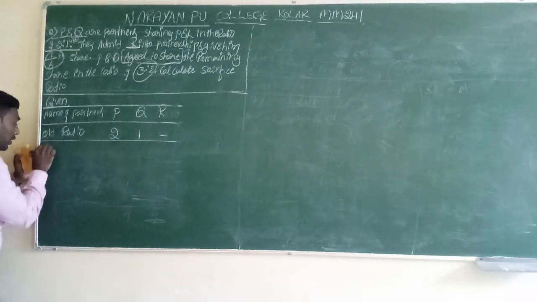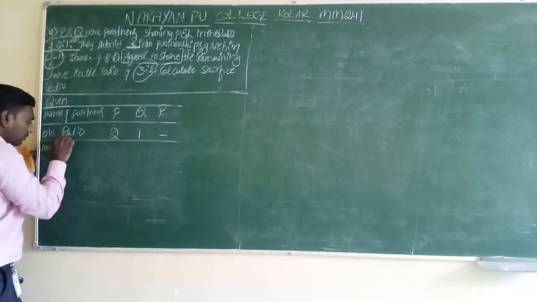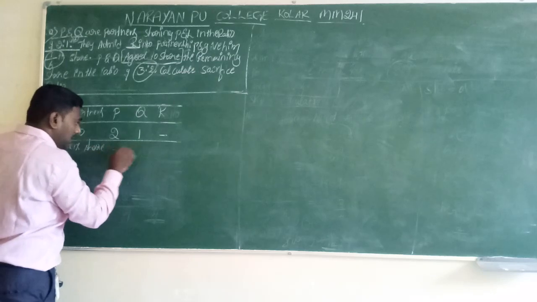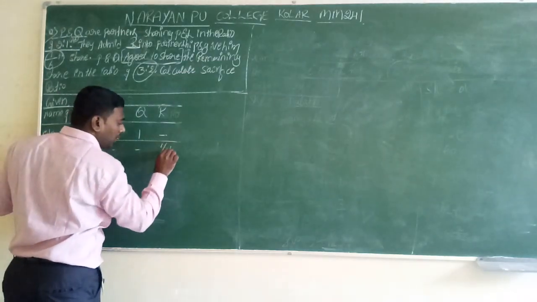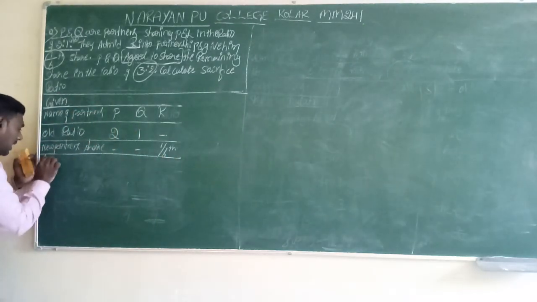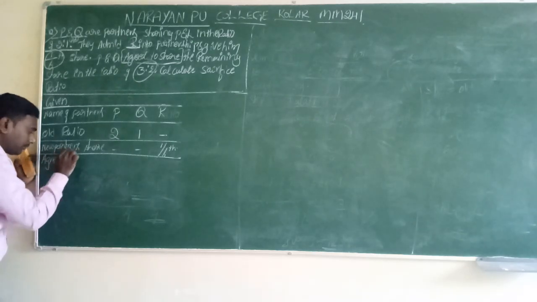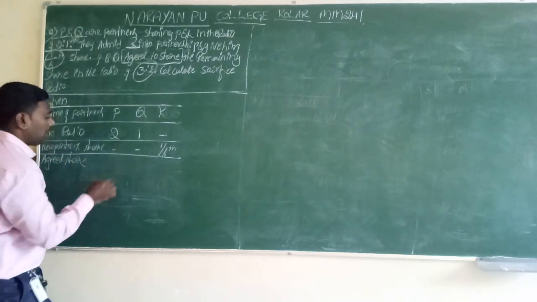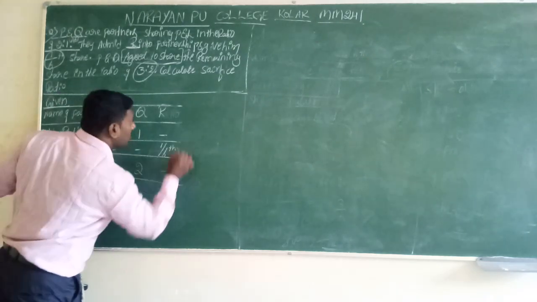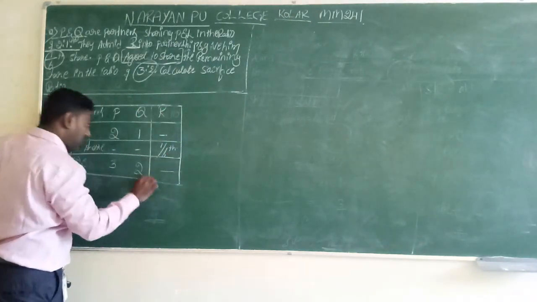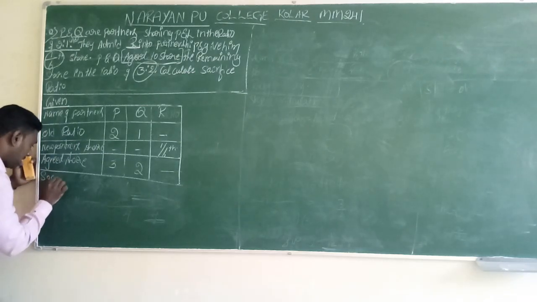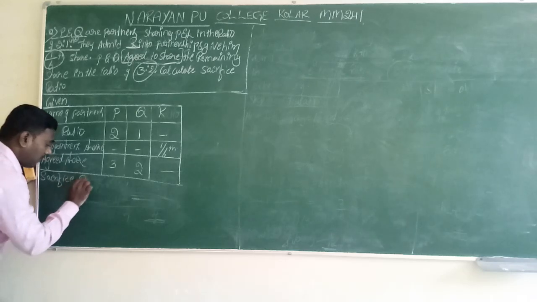Next, the new partner's share, that is 1/6 share, is given. One more thing is given, that is the agreed share: first partner 3, second partner 2, third partner hyphen. With the help of this information, we have to calculate the sacrifice ratio.